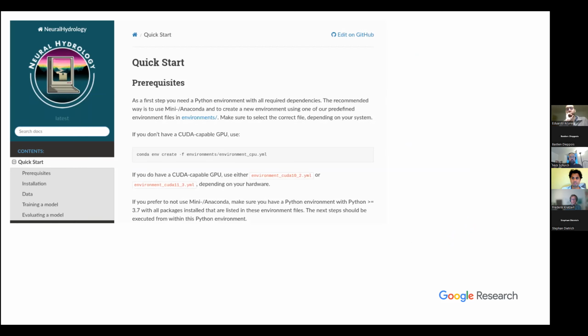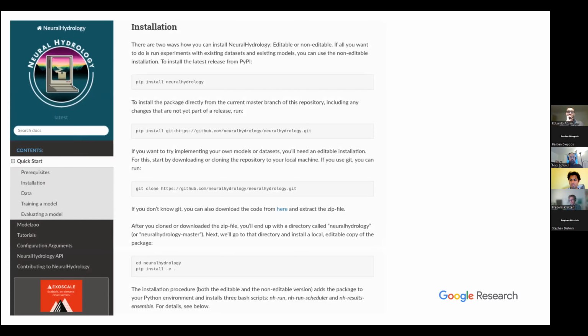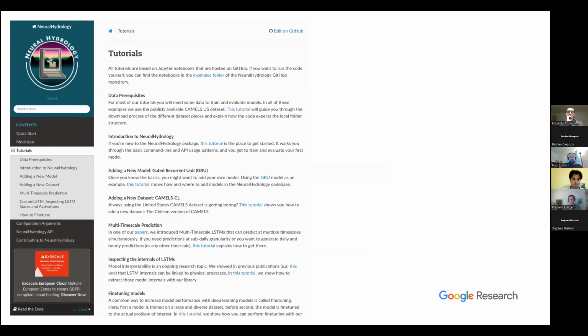With this library, you are able to train a state-of-the-art LSTM model without writing a single line of code. There are two different kinds of installation setups, one just for the user, and one if you want to change something in the code, like implementing a different model or adding data set support.